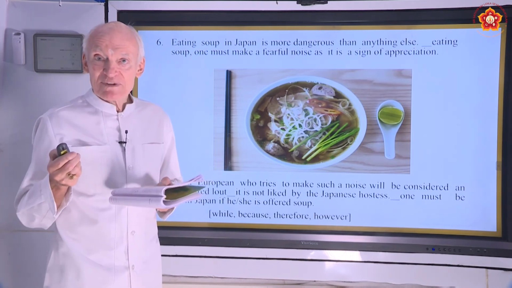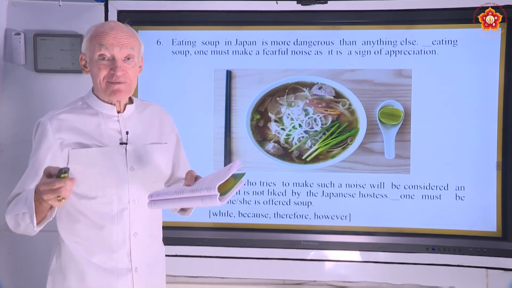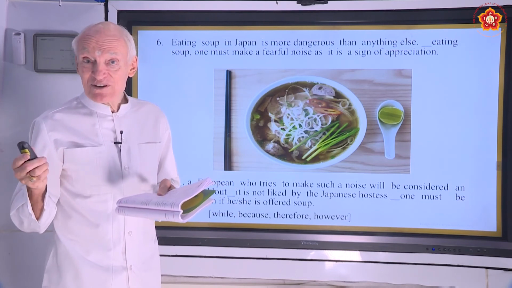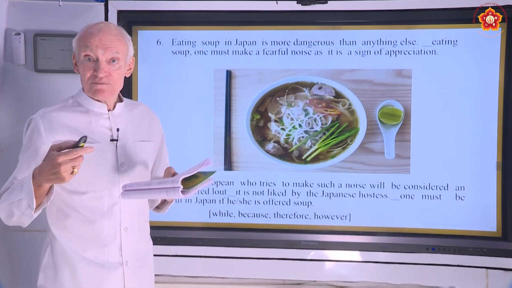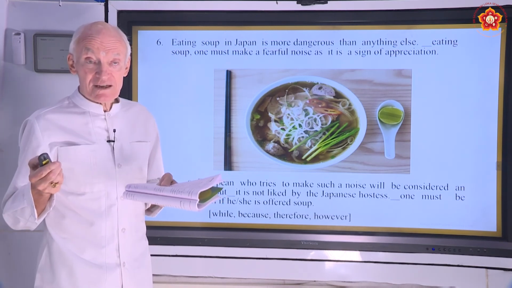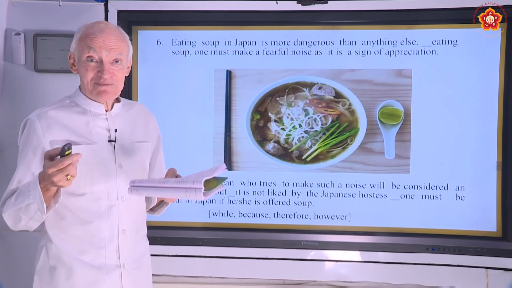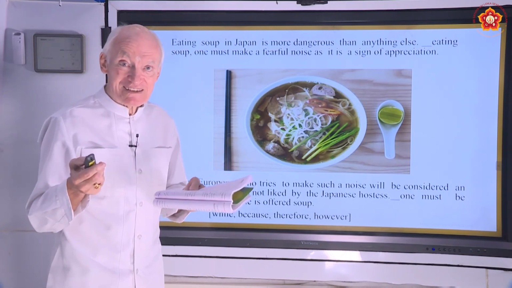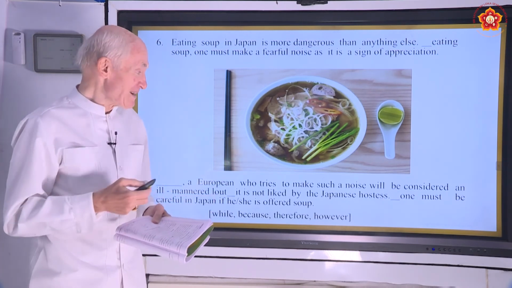And why does the Japanese hostess not like it? She wants all of the Japanese people to make a lot of noise. But if you're a Westerner or a European, she knows that in Europe, or even in America, you're supposed to be quiet when you eat, not make noise. So if the person tries to imitate the Japanese and makes a loud noise, then the Japanese hostess will not be happy.